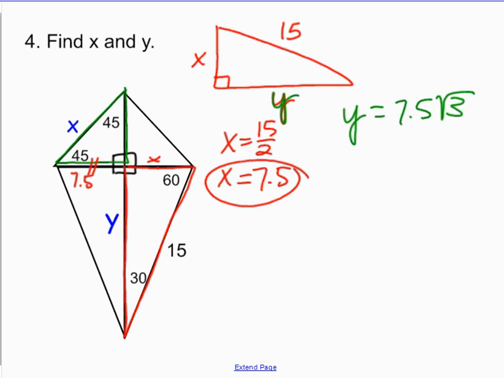Well, now we can go to the green triangle, this one right here, and we can figure out what x is, this x, by using the 45-45-90 property, which is the leg times radical 2. So if the leg is 7.5, then this x is going to be 7.5 radical 2.